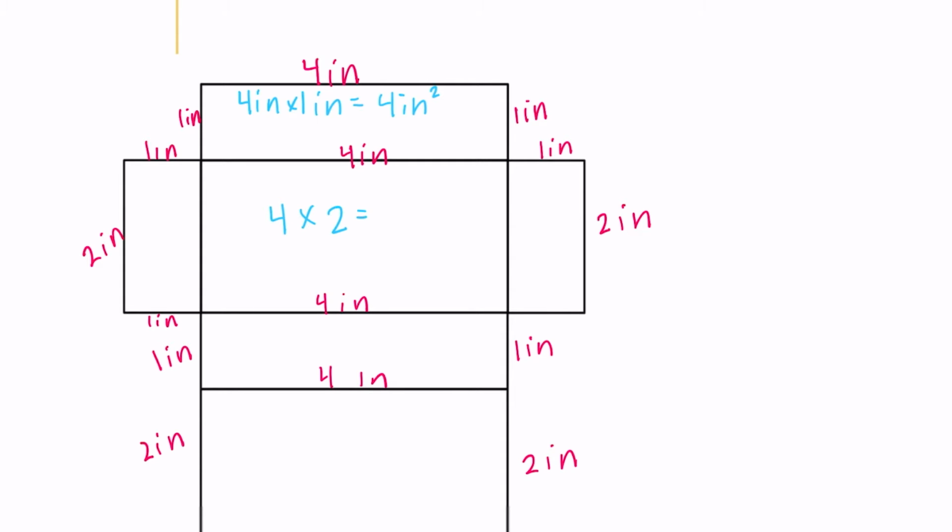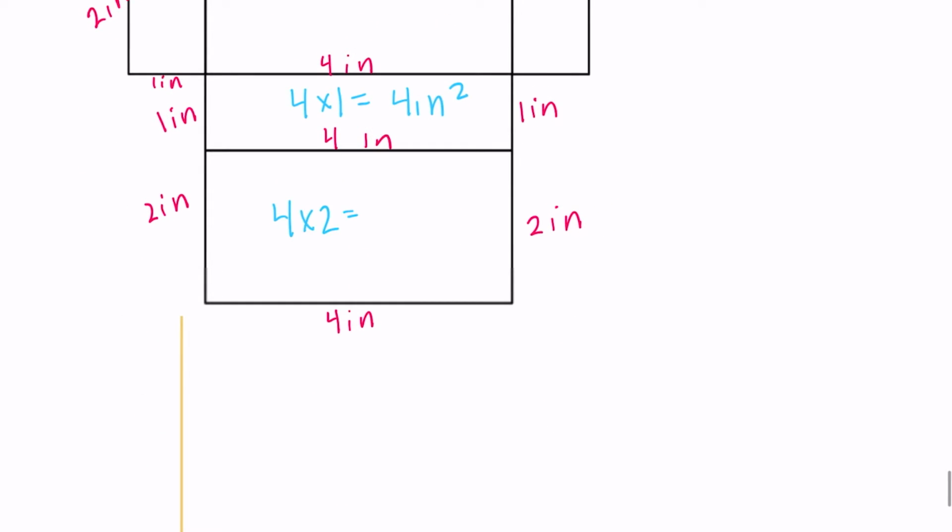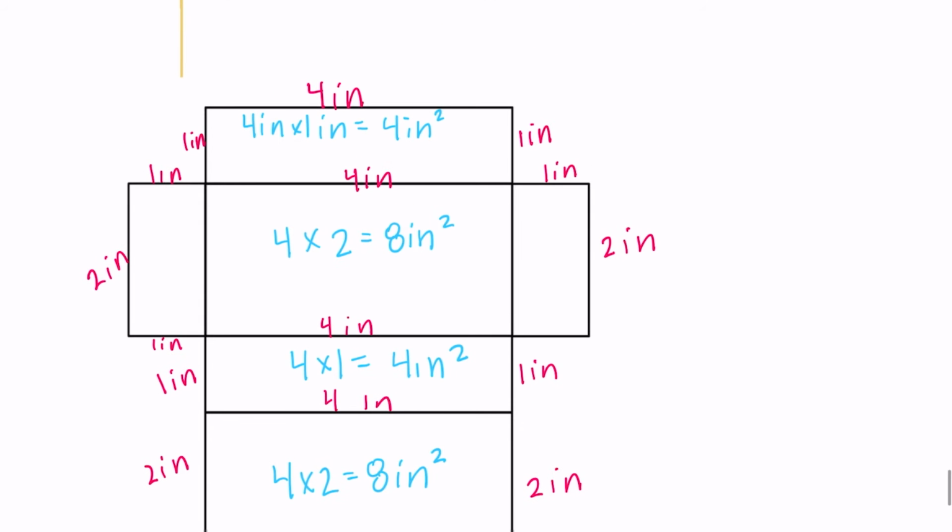So 4 by 2, that would be 8 inches squared. Here we have 4 by 1, which would be 4 inches squared. This bottom one is 4 by 2, which is 8 inches squared. And then these two sides are 2 by 1, or 2 inches squared, and another 2 by 1, which is 2 inches squared.